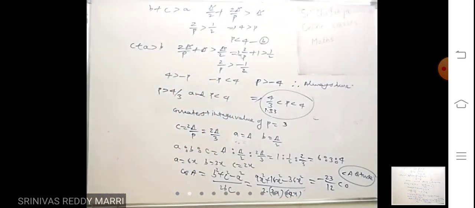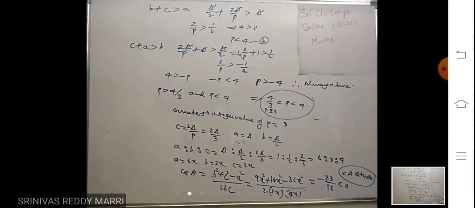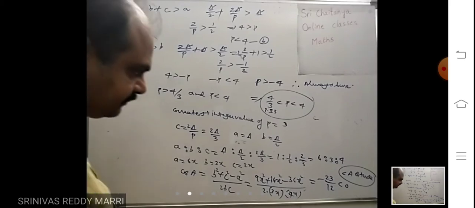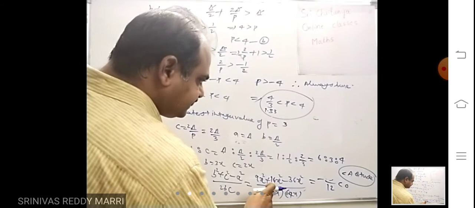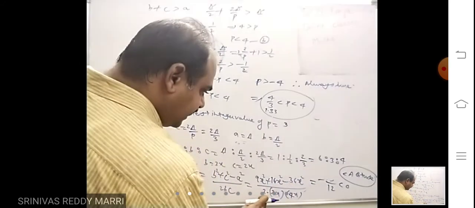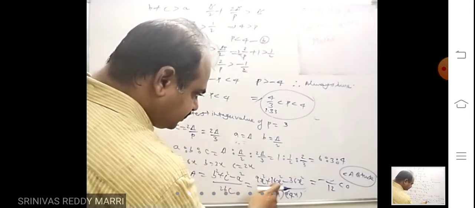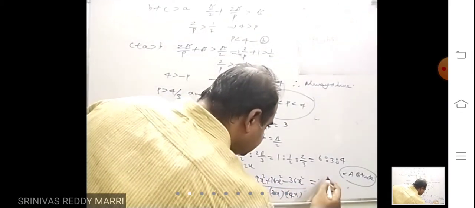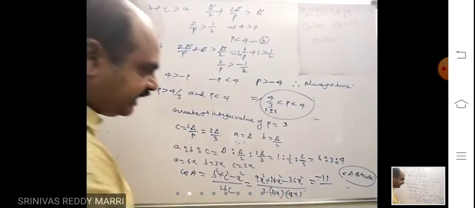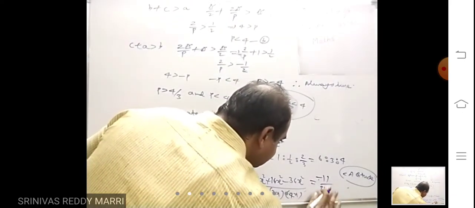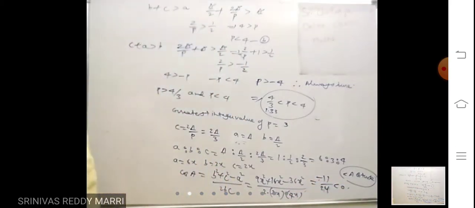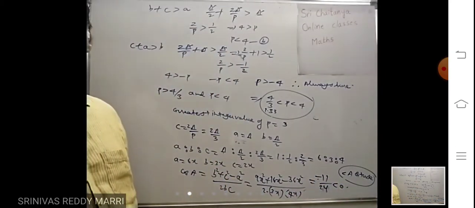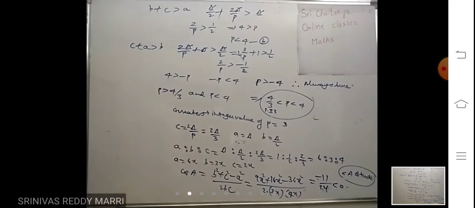Now is it okay? 25 minus 36. How much? Minus 11 divided by 24. Is it okay? Less than 0. So now it is between minus 1 and 1 only. Right? Okay?